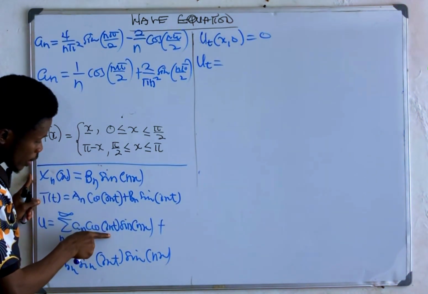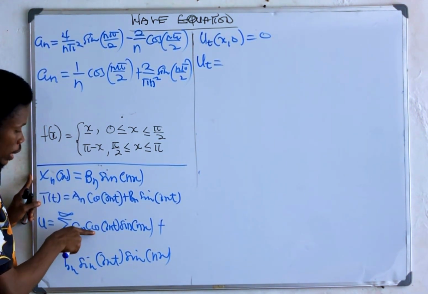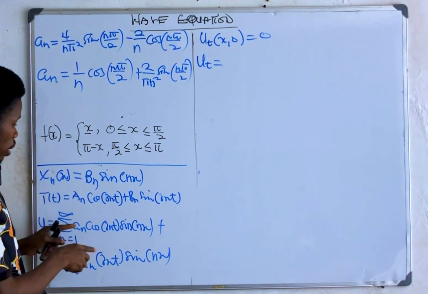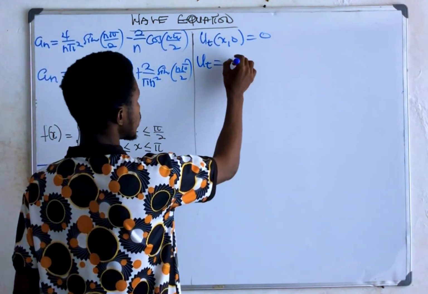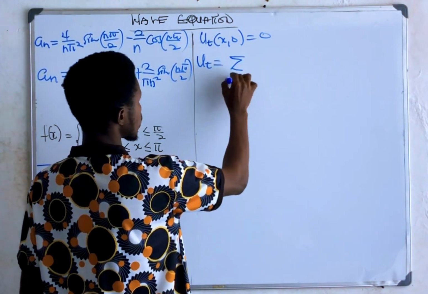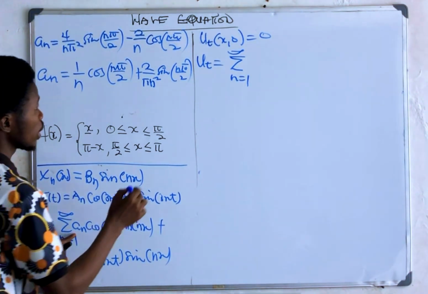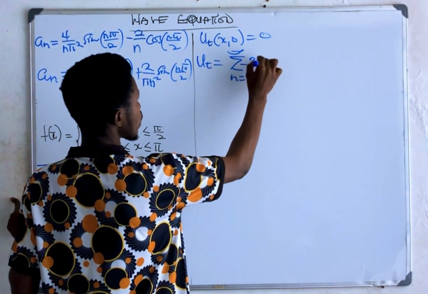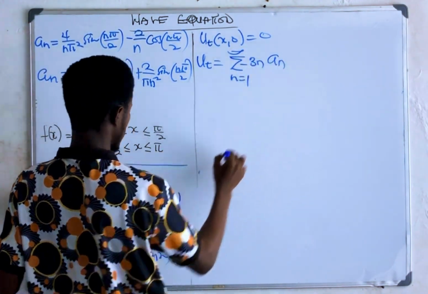If you differentiate this with respect to t, you get 3n outside, and this cos will change to sine. But cos going to sine becomes negative, so I'm going to have summation n equals 1 to infinity, negative 3n, then an here.